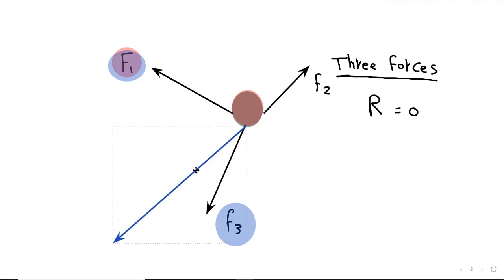They are lying on the same line and in opposite directions. We can write R1,3. That means if you find the resultant force of F1 and F3, it is the same as F2 in magnitude, but they are in two different directions.